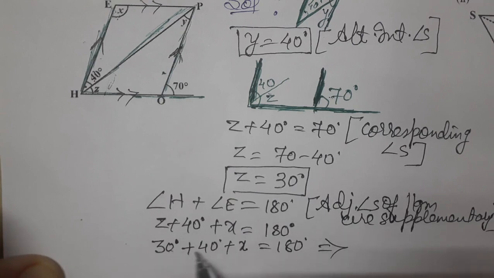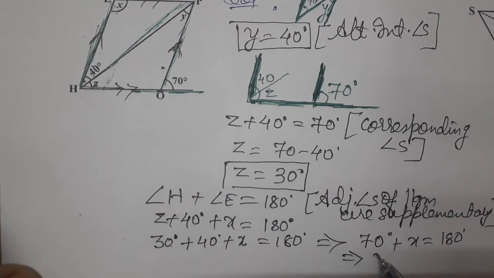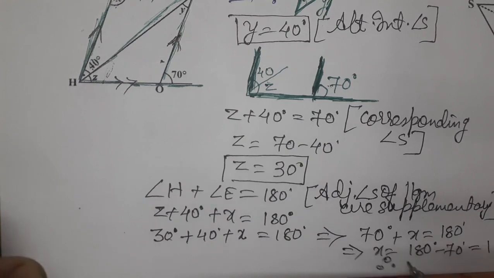It implies 30 plus 40 is 70. 70 plus X equals 180. It implies X equals 180 minus 70. How much? 110 degrees. Therefore, X equals 110 degree.